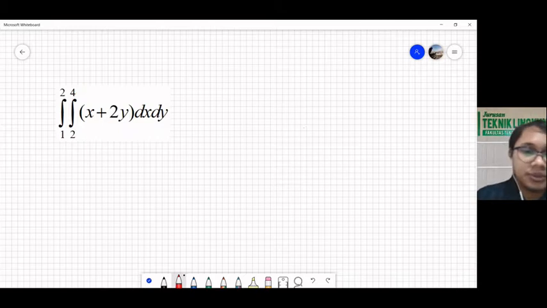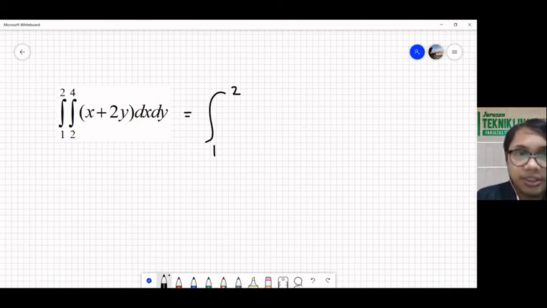First, we need to integrate the function with respect to x. It's very easy. You just do the integration as usual.